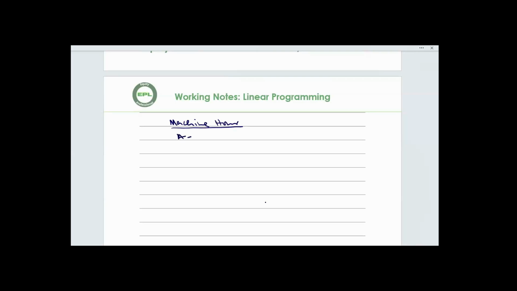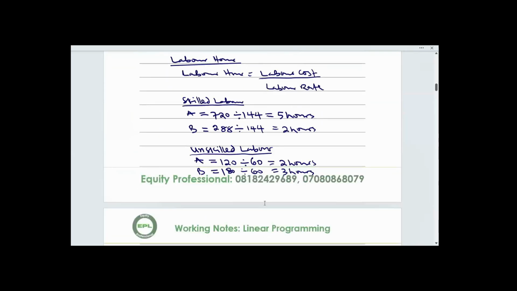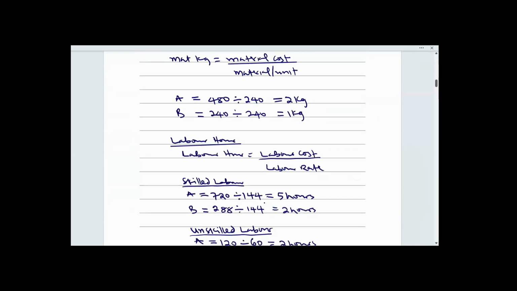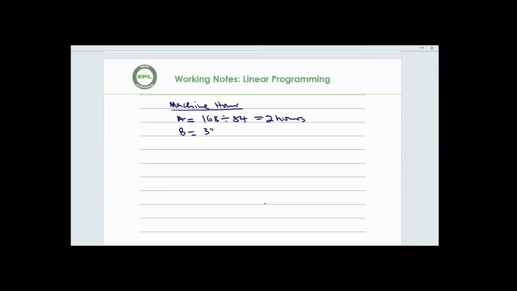For grade A, the variable overhead is 168. 168 divided by 84 naira per hour is 2 hours. Then for grade B, 336 divided by 84. This should give us 4 hours.